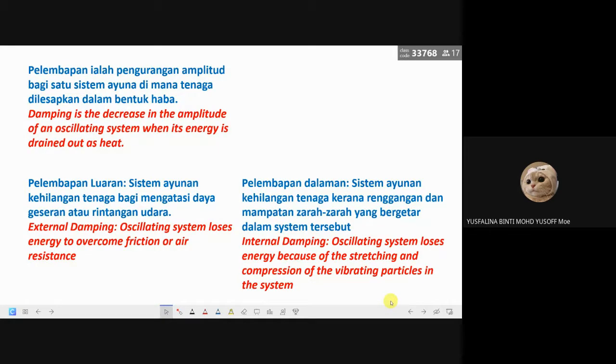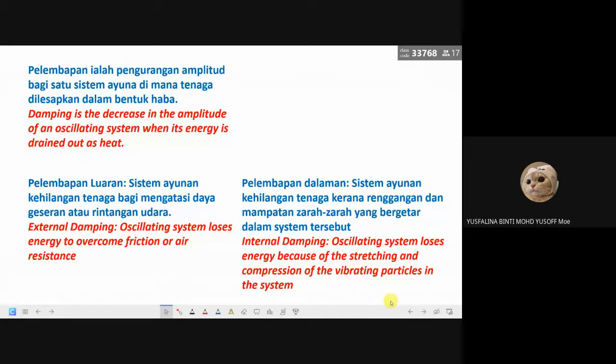When the object oscillates, it will cause stretching and compression of the vibrating particles. They need energy for the compression and for the stretching. That's why the energy is lost, because the internal system needs it for stretching and compression.